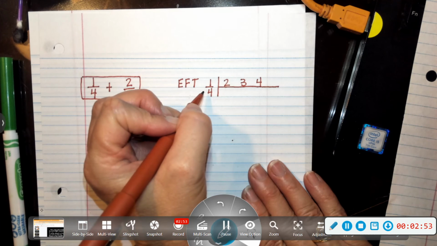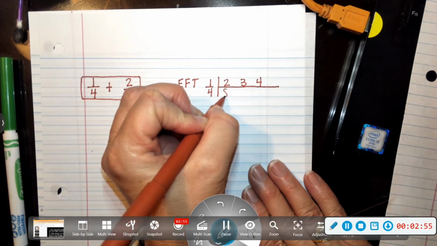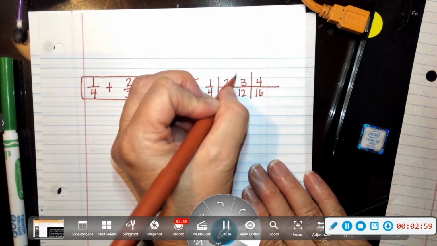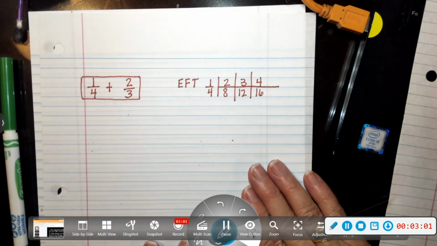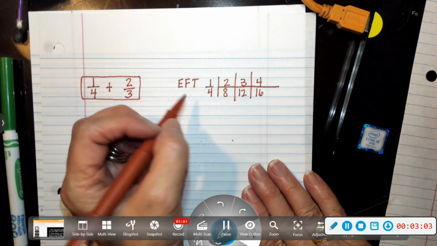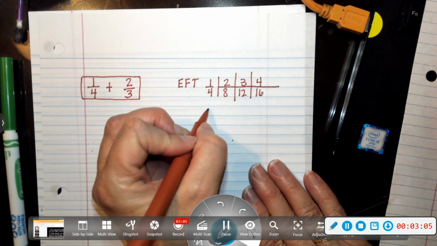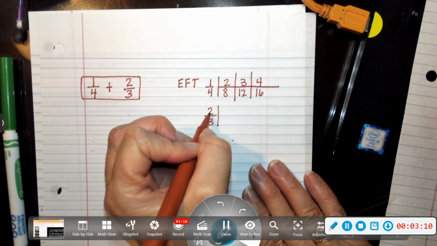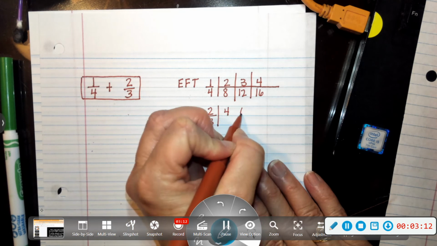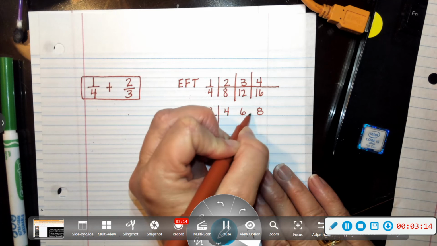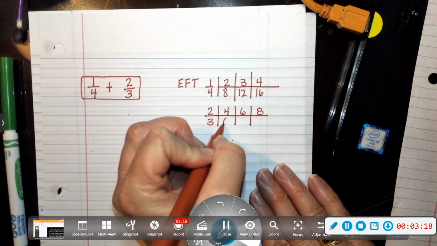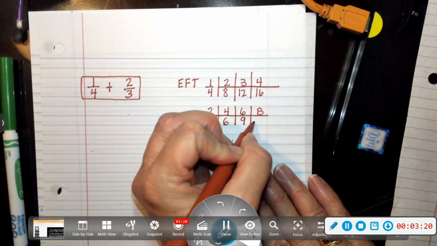And I'm going to skip count by 4s on the bottom. 4, 8, 12, 16. And then I'm going to make an EFT for 2/3. And I'm going to count by 2s on the top. 2, 4, 6, 8. And 3, 6, 9, 12.